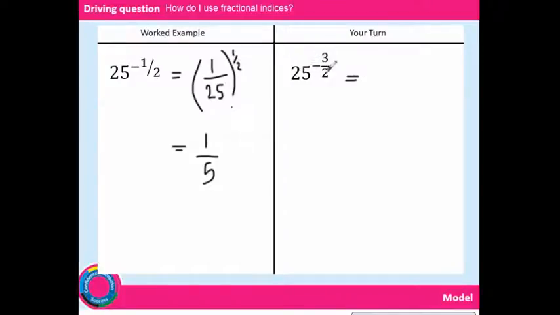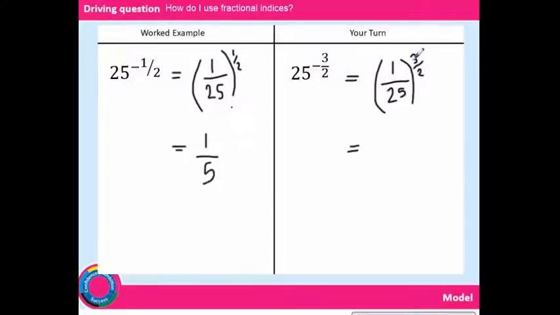So the first thing I'm going to do is deal with the negative here. I'm going to do the reciprocal of 25, which is 1 over 25, and that will be to the power of 3 over 2. The denominator is 2, so my root will be 2. I'm going to square root.